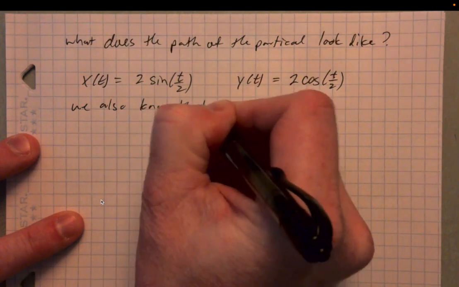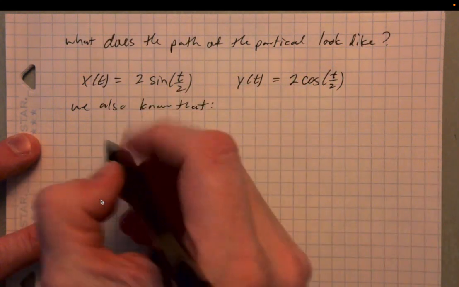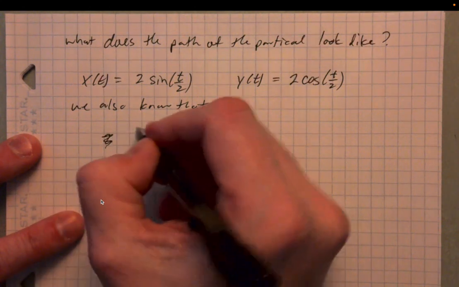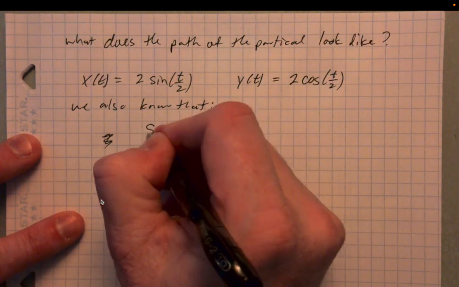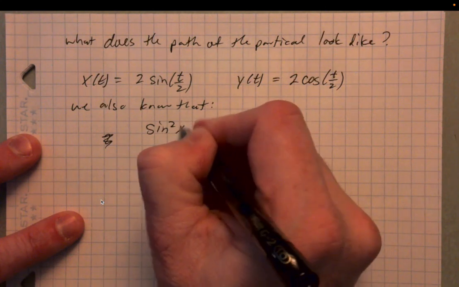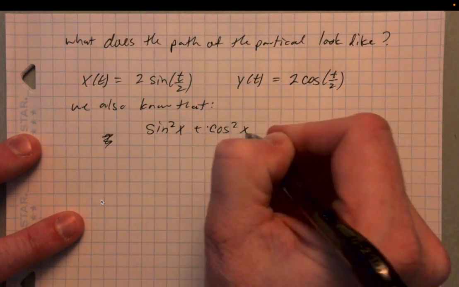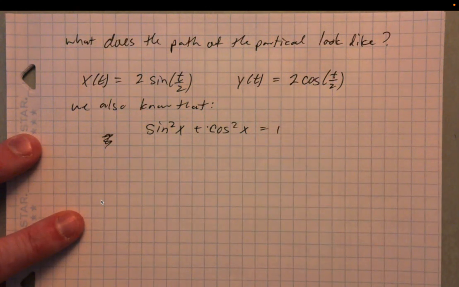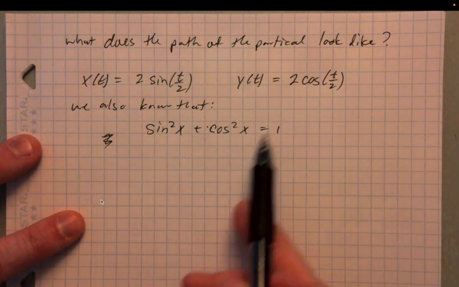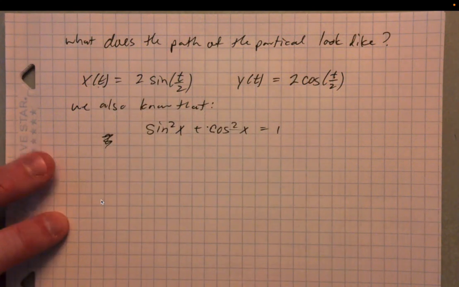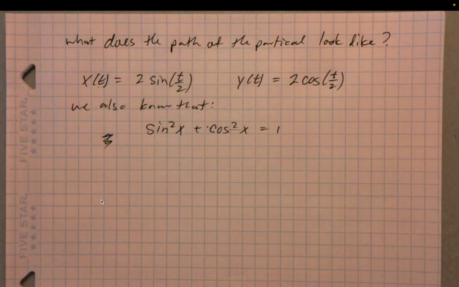We also know that sine squared plus cosine squared equals 1. We can use that fact in conjunction with these two to crank out a regular Cartesian equation.